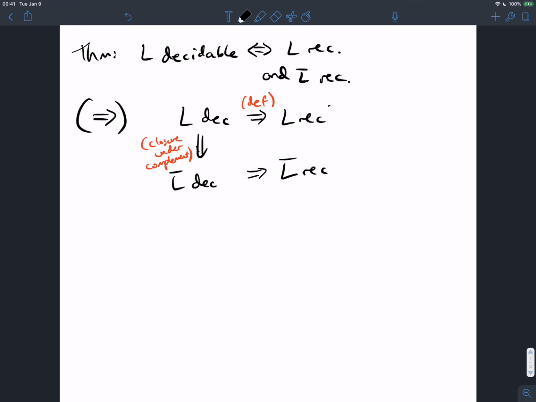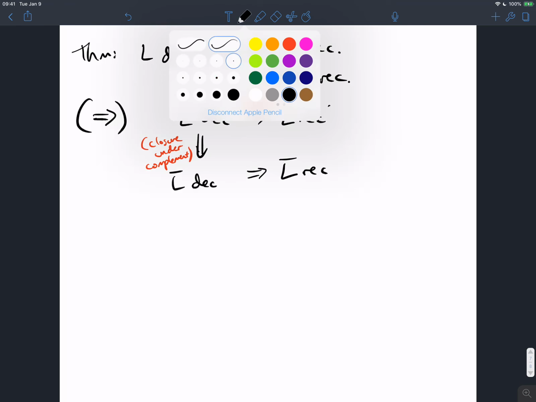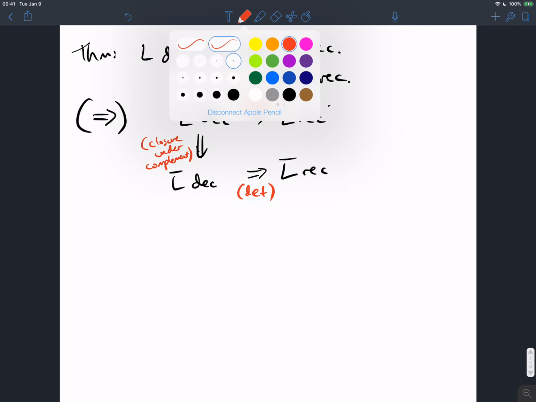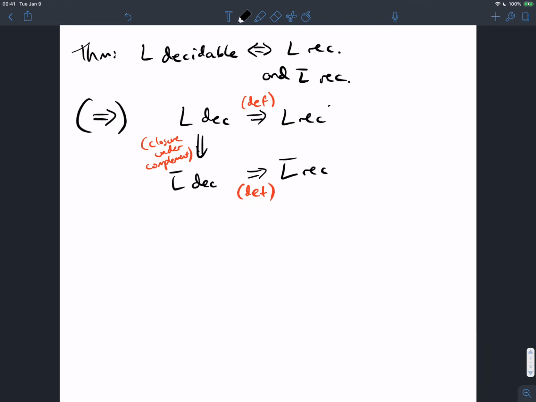Nice. Oh, wait a second. What about this last one? L bar decidable implies L bar recognizable? Is that true? Yes. That's just the definition again, but just for L bar instead of L. So this is the definition as well. So in fact, if L is decidable, then that must mean that L is recognizable and its complement is also.